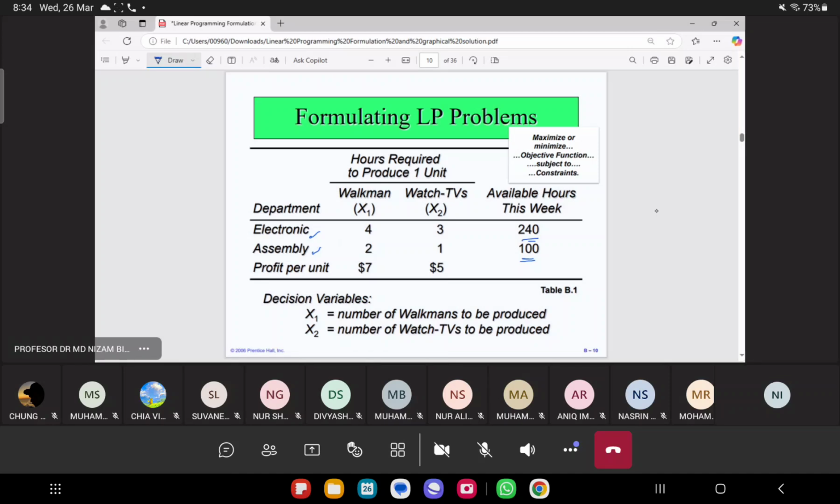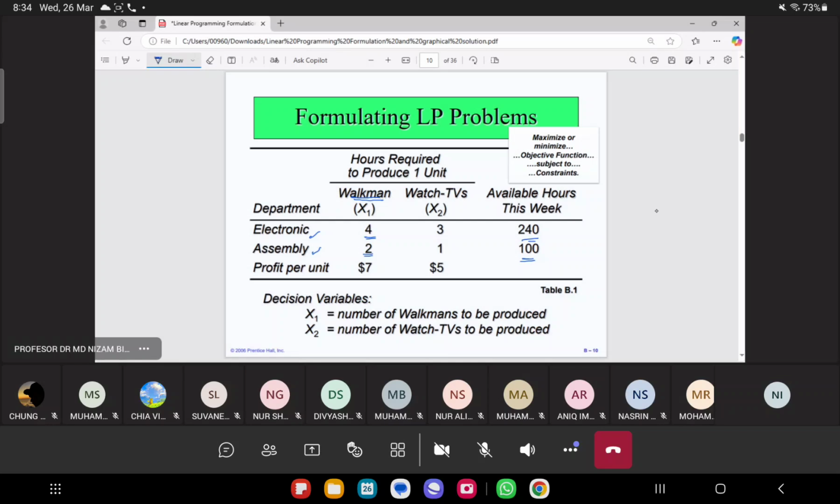And each Walkman requires 4 hours of electronics department time and 2 hours of assembly department time to produce. So if I want to make one Walkman, it needs 4 hours of electronics department time and 2 hours of assembly time.